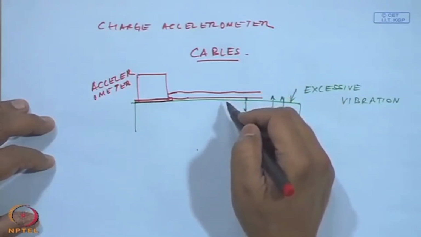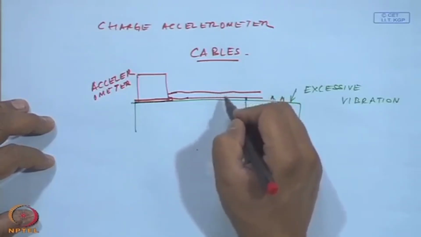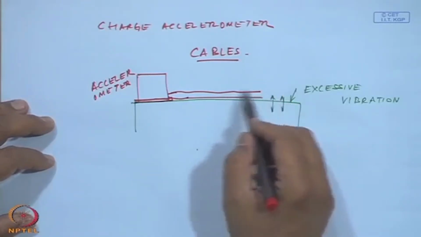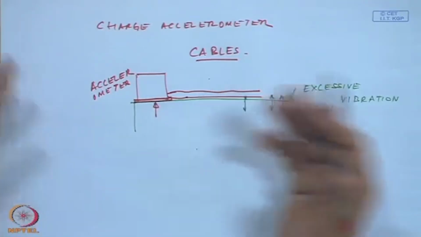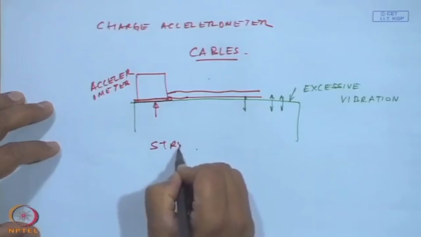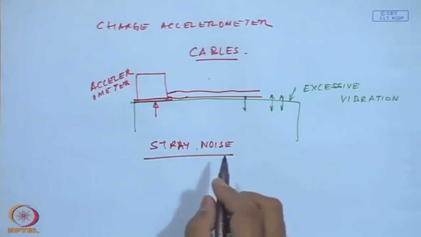Now, because of this, the cable is going to have a lot of motion, and because of this motion there will be charge generated, which is not actually your charge due to the acceleration, but charge due to stray noise. So, a lot of stray noise will occur if I do not take good care of the cables.